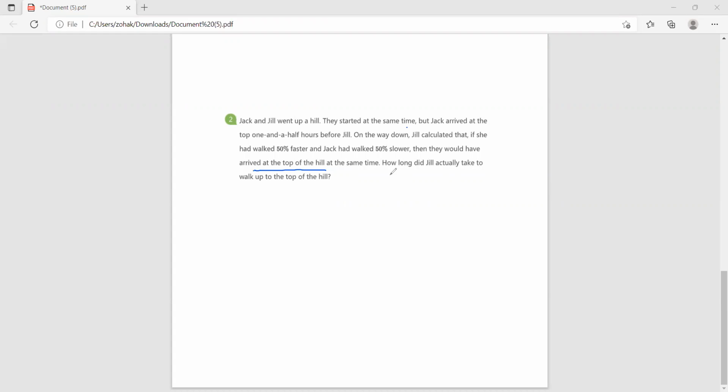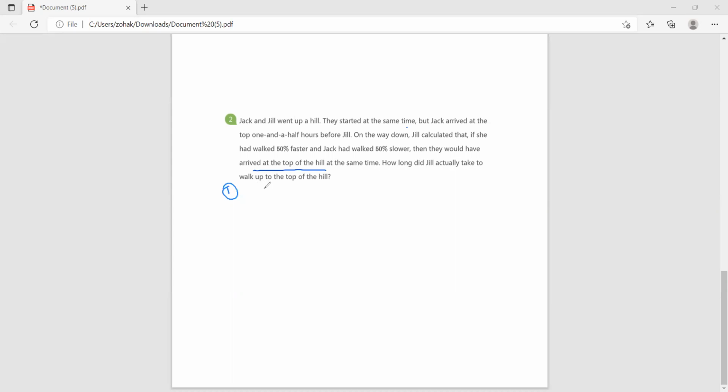So we know that they will reach the top of the hill at the same time when Jill walks 50% faster and Jack walks 50% slower.